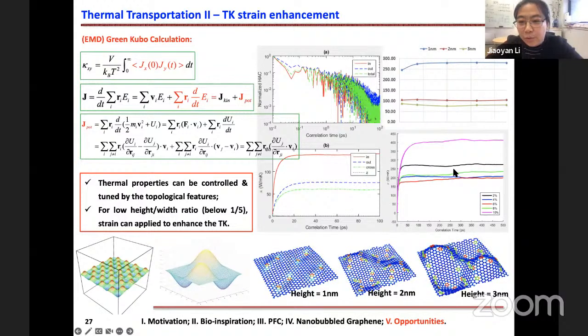For example, here when we apply only 2% strain, the black curve, that's considered more like a standard case, which didn't show much enhancement. But if we increase the external strain more and more, to 4%, 6%, and all the way to 10% shown in pink, then we can increase the thermal conductivity significantly.